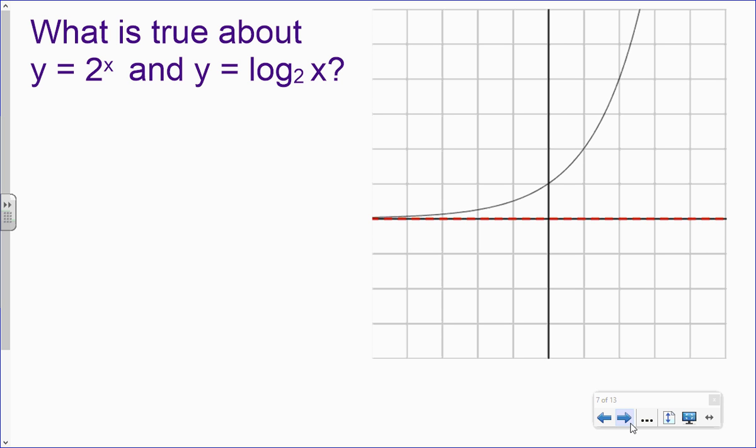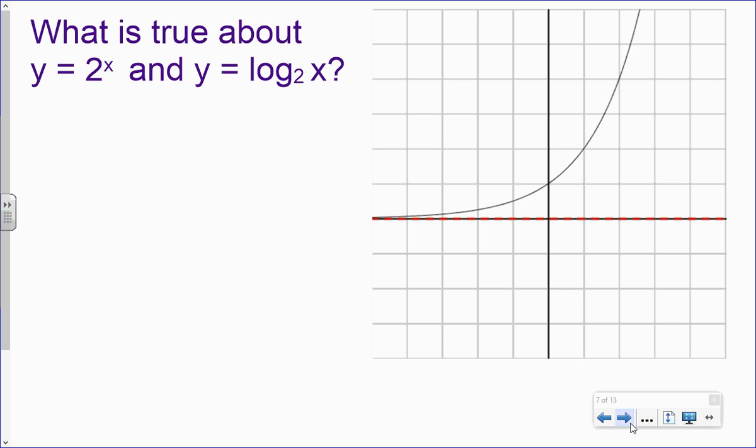All right, let's talk about these two functions. y equals 2 to the x and y equals log base 2 of x. What do we know about those two equations specifically? They are inverses of each other.